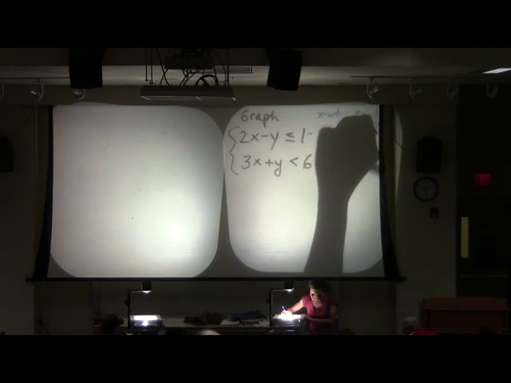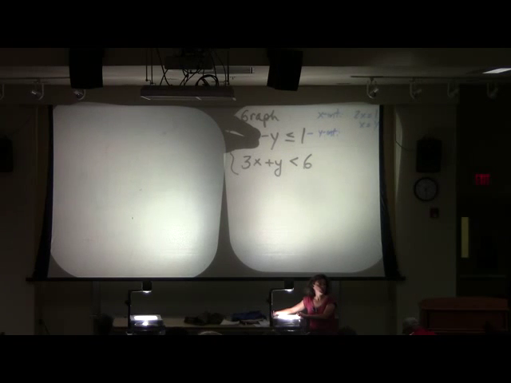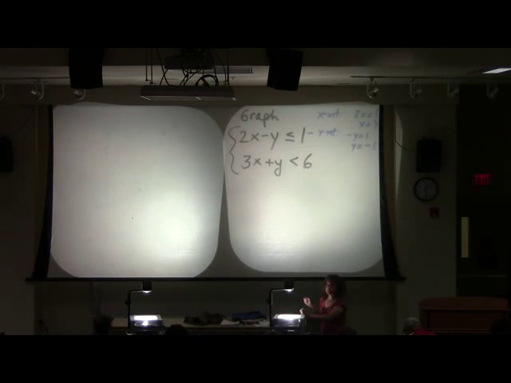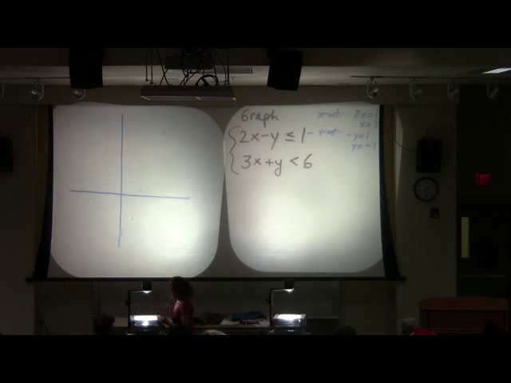Now to find my y-intercept, I set x equal to 0. So aren't I solving negative y is 1? So y is negative 1? You guys with me here? You okay? All right, let's graph this guy.